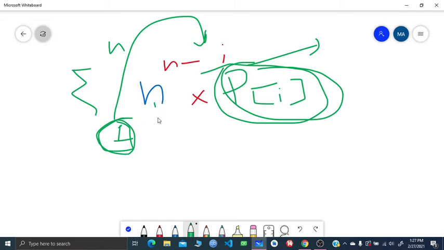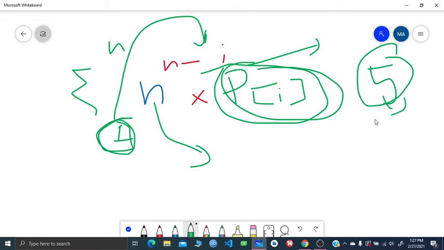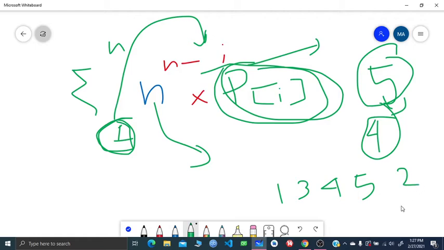Let's say I have found my p_i out of these permutations of 5. Let's say I've got a number 4 at some position in the deck. Let's say 1 3 4 5 2. Let's say now 1 3 5 4 2. Now what is the maximum from the top of the deck? I know that my 5 is the maximum, right?